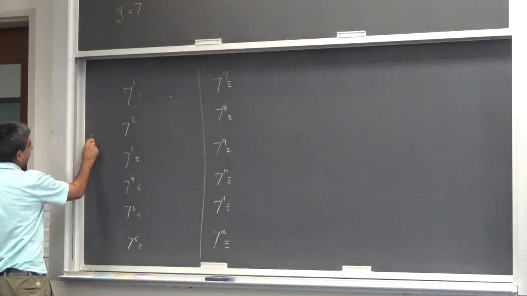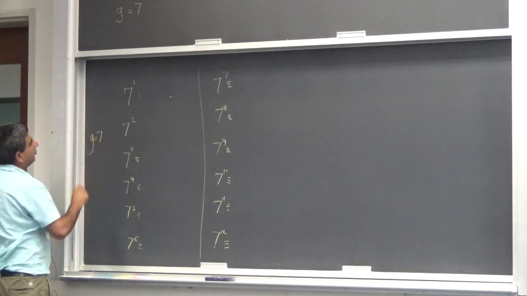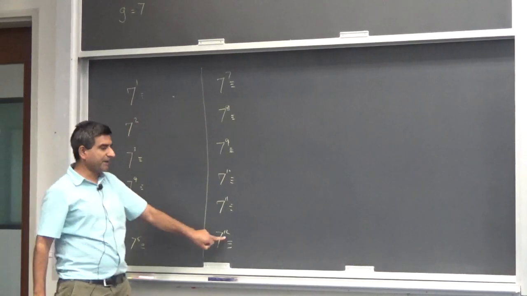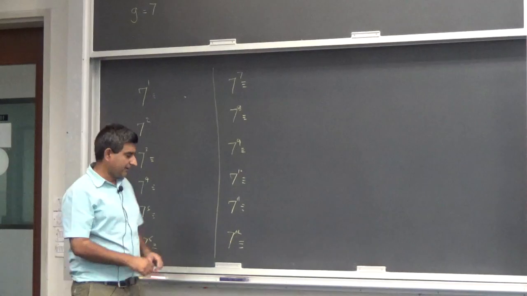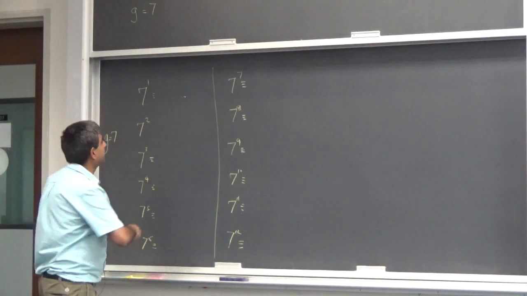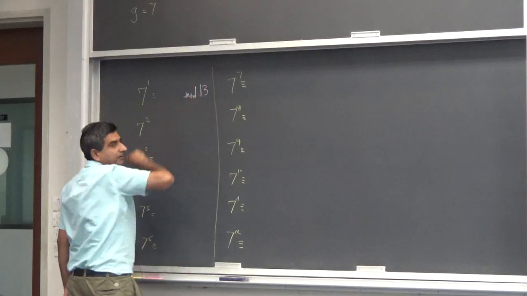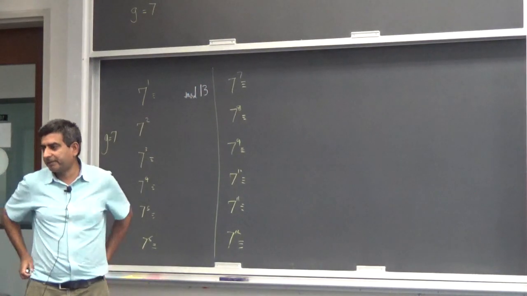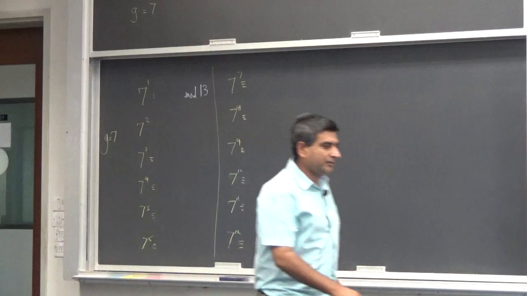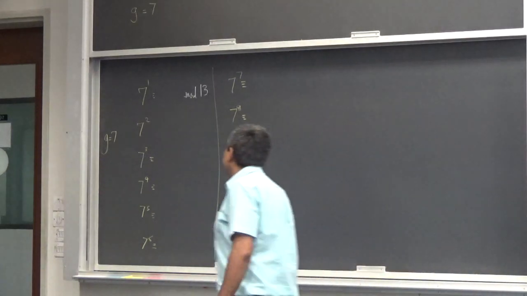So my G is 7, and my A goes from 1 to p minus 1. And I'm going to write all of these numbers mod 13. So I'm using modular arithmetic. Of course this gives me 1.